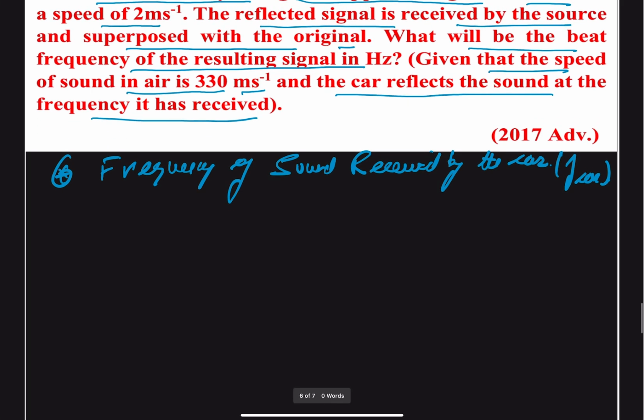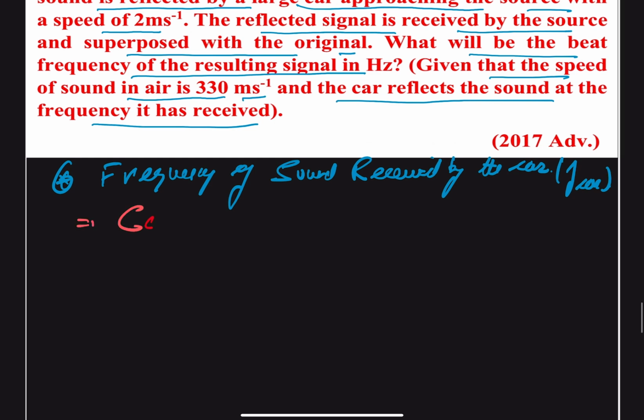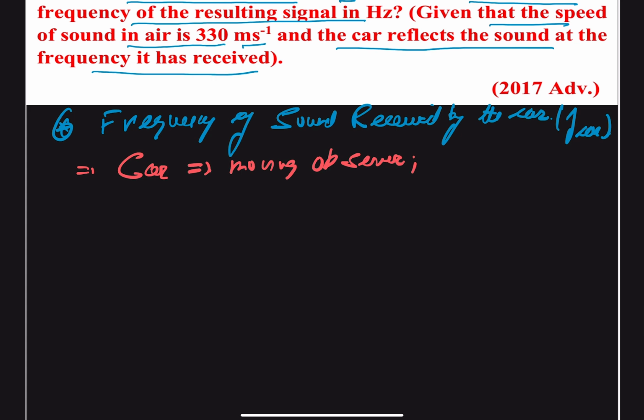And in this case, the car is a moving observer. We can say car is our moving observer, and source is stationary.